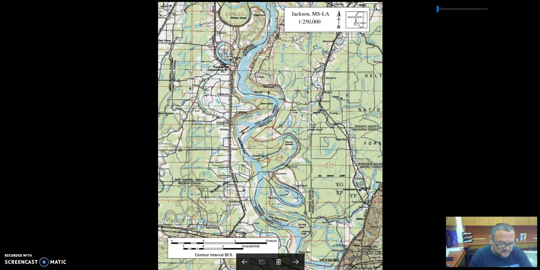Either way, neither one of them is very steep, but the question asks you which one is more steep, and that, of course, is the present course. You didn't have to do the calculation to figure that out. You could just say, well, the stream is traveling less distance, and the elevation obviously didn't change between those two, so the present course is obviously going to be a little bit steeper, even though it's still not very steep.